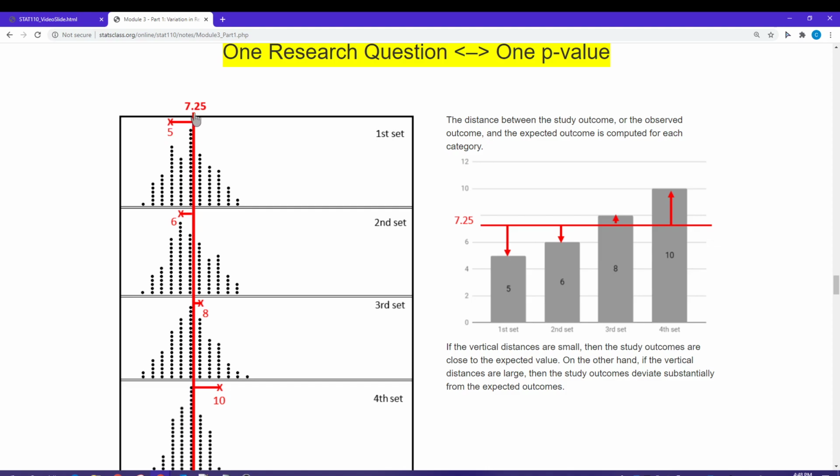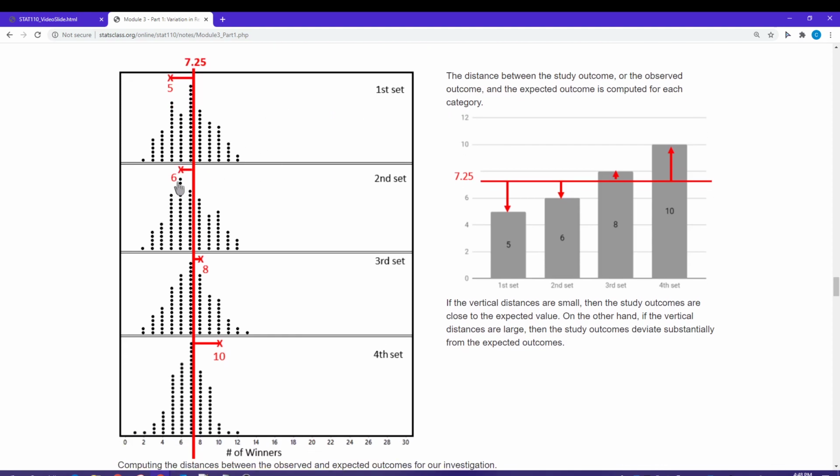So for this example, the expected again is 7.25. Just look at how far away this individual outcome is from the expected. Do that for set 1, set 2, set 3, and set 4. So do that collectively across all 4 reference distributions.